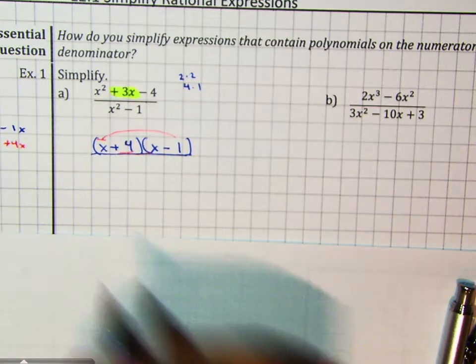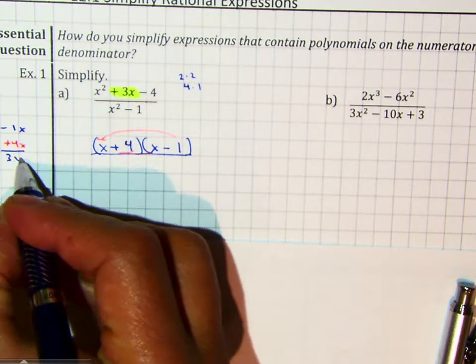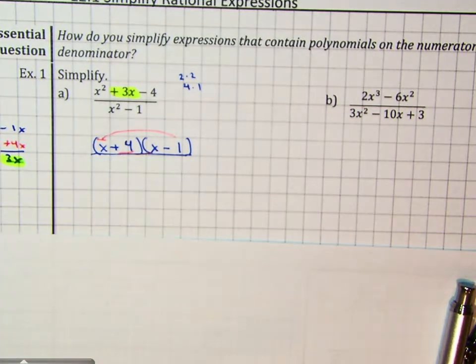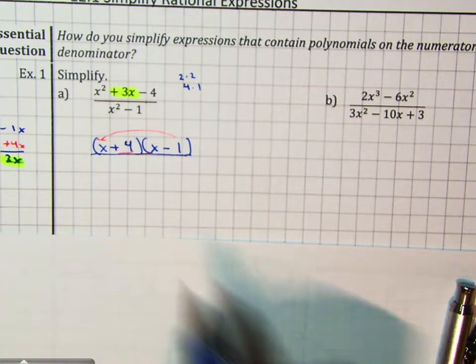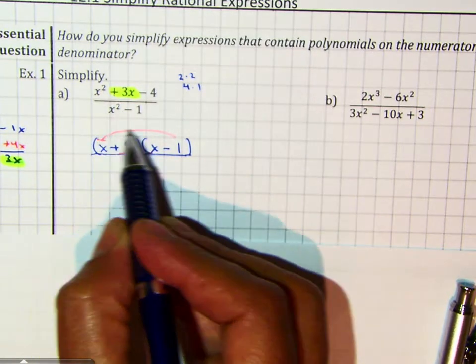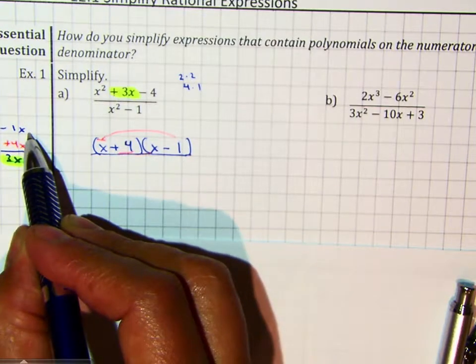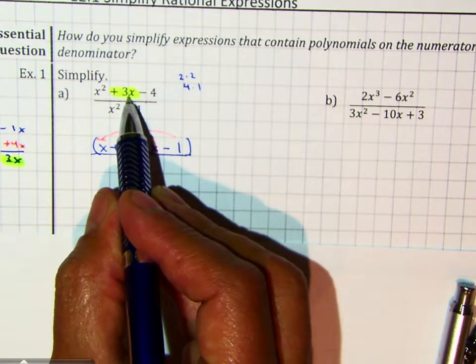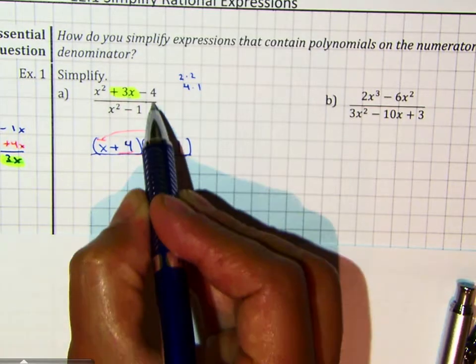And if I add them together, it gives me the 3x that I need. And if you want to double check the entire thing, x times x is x squared. X times negative 1 is negative 1x. 4 times x is 4x, so that gives you 3x. And 4 times negative 1 is negative 4.